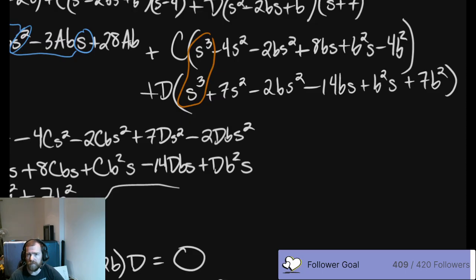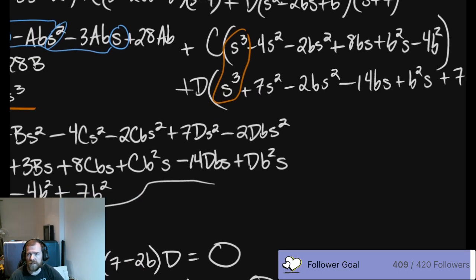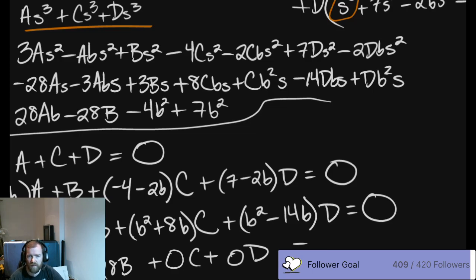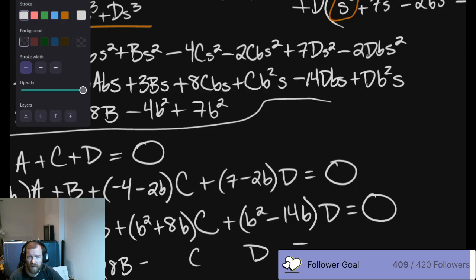Okay, cool. Yep, I dropped it. That's minus 4b c and minus 4b squared c plus 7b squared capital D equals 1.